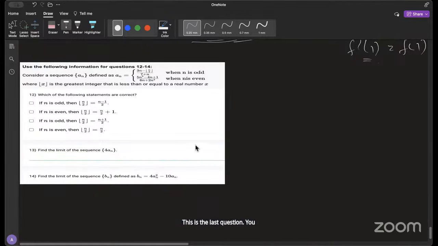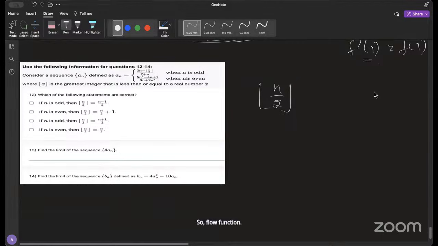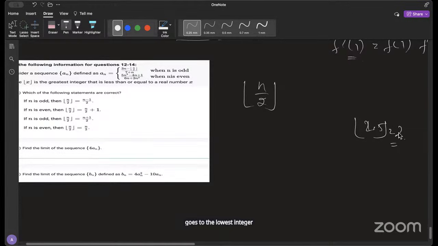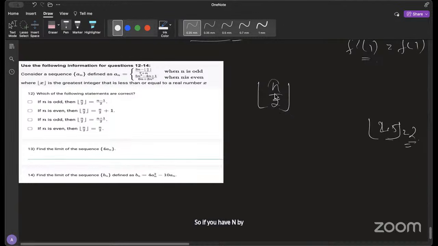You have been given a sequence, and the first question is about the terms itself. So if you have n by 2, the floor function. What the floor function does is, if you have 1.5 or 2.5, it just goes to the closest lower integer than 2.5, so it goes to 2. So for n by 2, even is easy, because if your n is even, then it's divisible by 2, so you'll have an integer here.